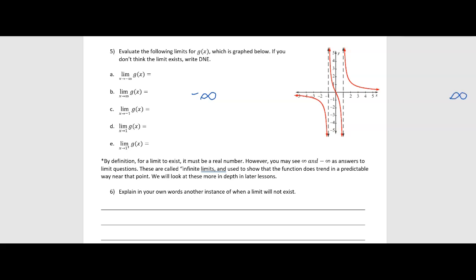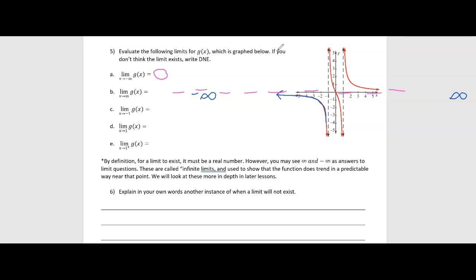But the idea is that as you move farther and farther to the left, you're approaching -infinity. And if we look at this graph, it looks like there's an asymptote at y equals 0. So it looks like the function will never cross this axis. So the function's going to get closer and closer to 0 without ever touching it. So that would be the answer to that limit.